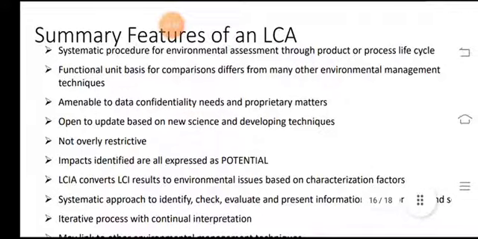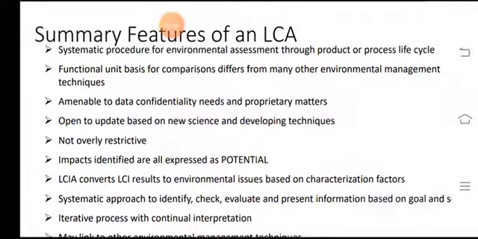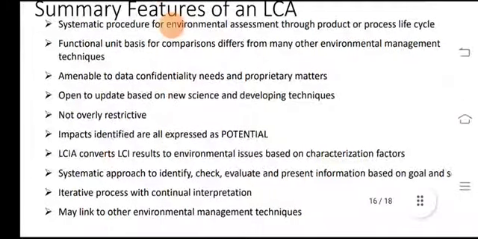So this is the summary features of an LCA systematic procedure. As we talked earlier, functional unit basis for comparisons, and amenable to data confidentiality, open to update based on new science and developing techniques, not overly restrictive.